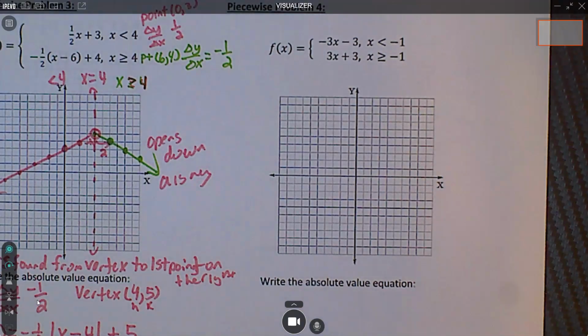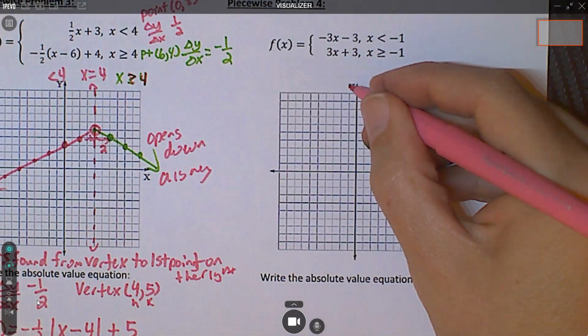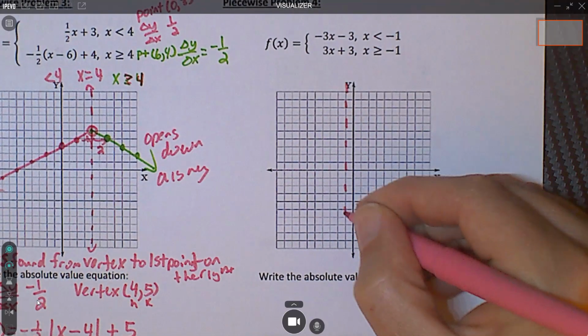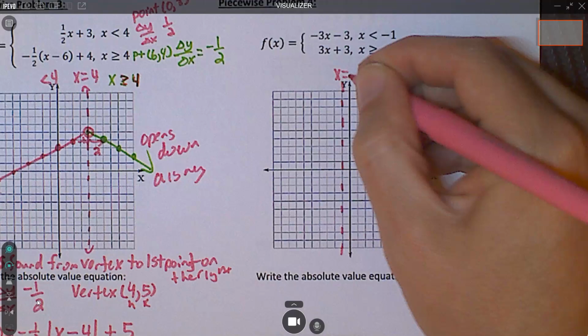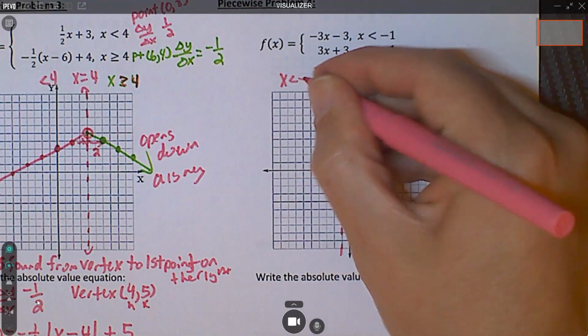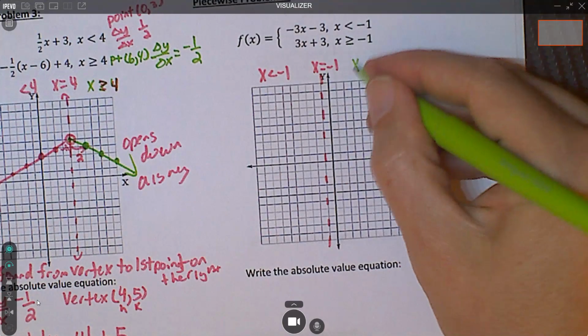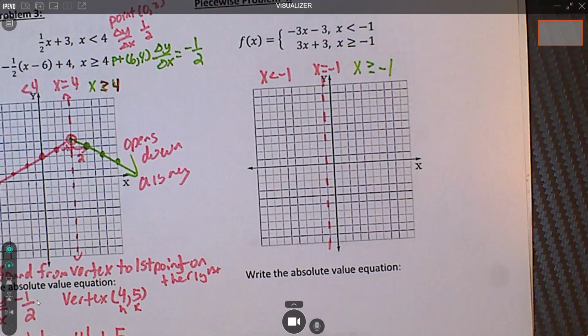Okay, we got x equals -1. This is x is less than -1. And this side is x is greater than or equal to -1.